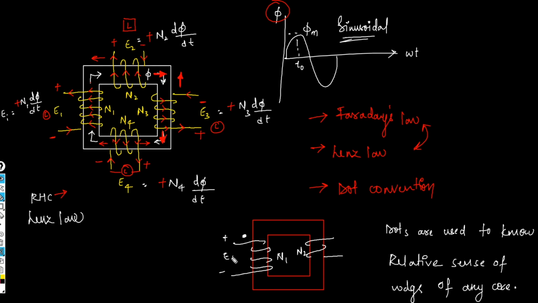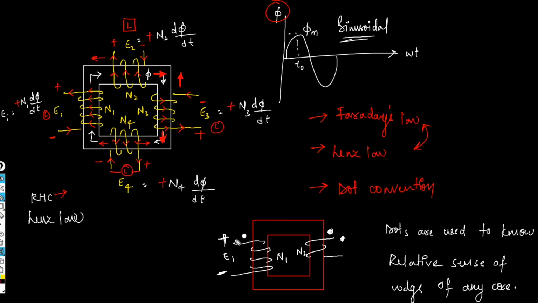Here the EMF induced is E1 with polarity plus here and minus here, and at the plus sign I have a dot here, and on the other side suppose I have a dot here. At the N1 side, if the dot is indicating the plus terminal, then in the questions he won't give plus on the other winding, he will just mention the dot, which means you need to reflect this plus to here.